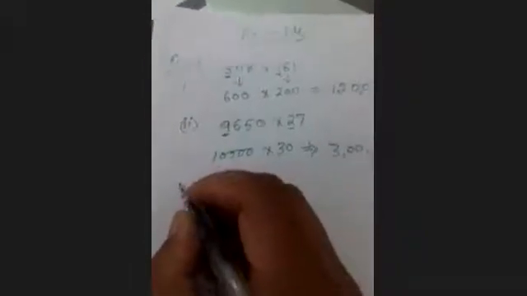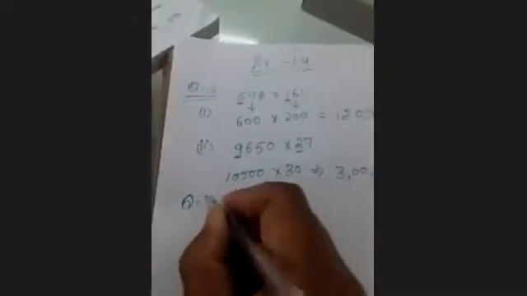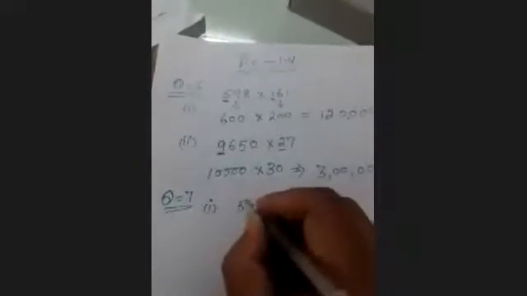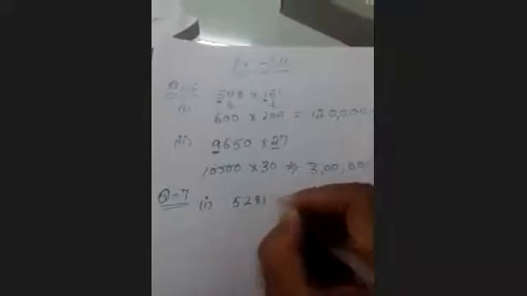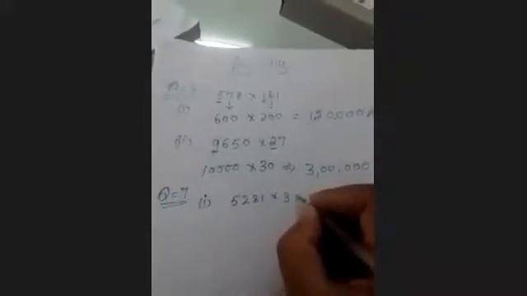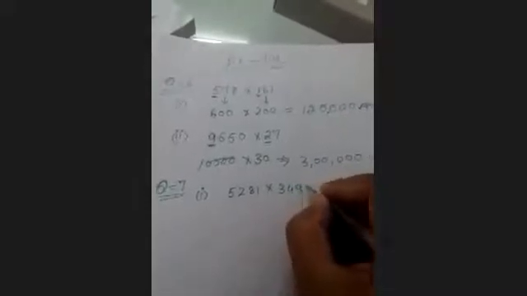Now find the product according to the nearest 100 place. The first part is 5281 multiplied by 3491. Now find the nearest value according to 100.